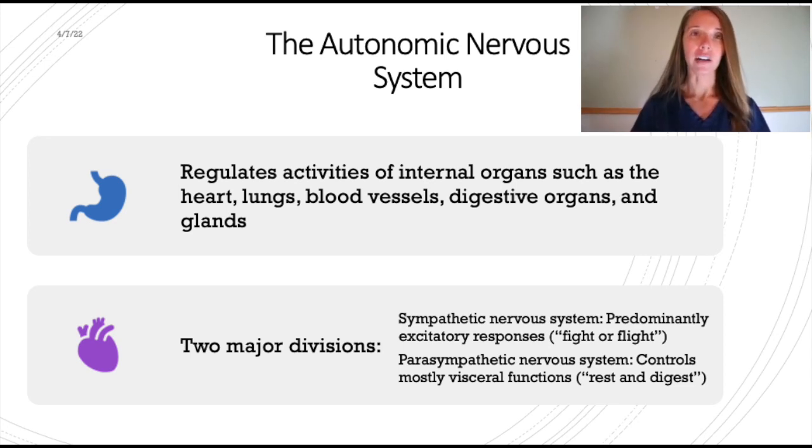Whereas after we've consumed a large meal, we're ready to rest, there's no stressful situations going on around us, the parasympathetic nervous system kicks in, and that allows us to rest and digest or relax. These 2 systems will be extremely important when we get into spinal cord injury, because we actually lose the ability to regulate and provide negative feedback to these systems. So they kind of go haywire.